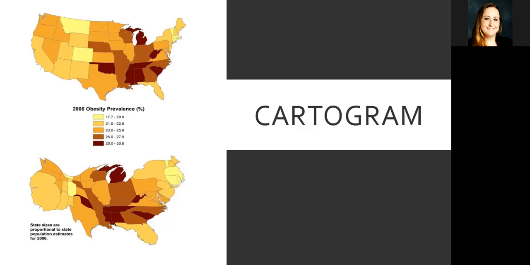And then, just like in the proportional and graduated symbol maps, instead of having those symbols above the base map, which then would be the outlines of the US states, you would just have those objects. So it would be a map of circles, and then the circles would be drawn in proportion to the amount of cases, or in this case, the percentage of obesity prevalence per state.